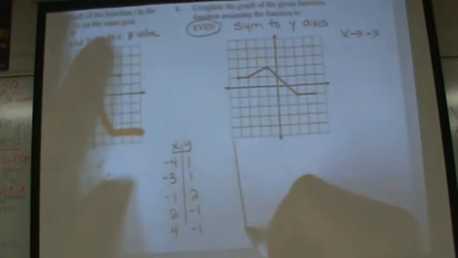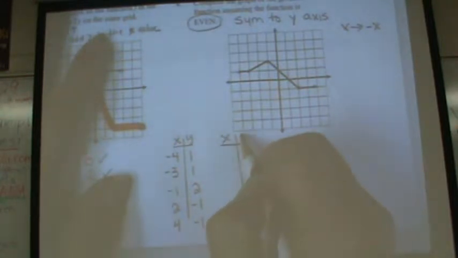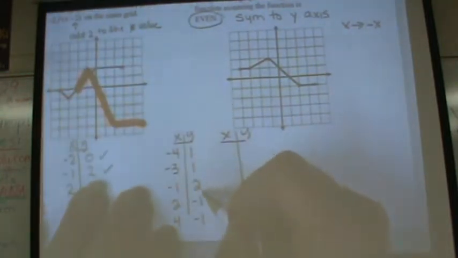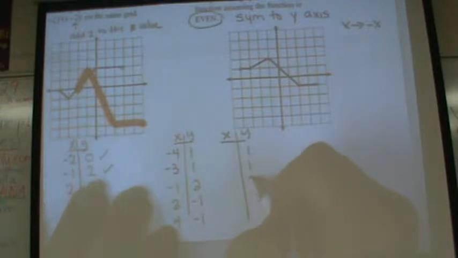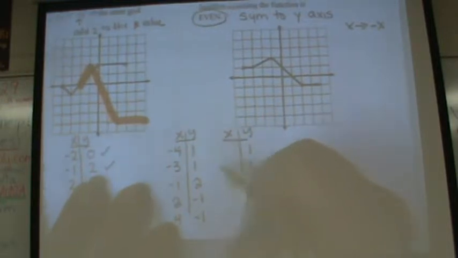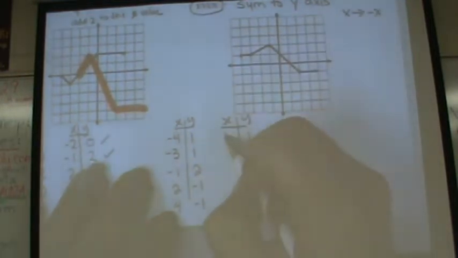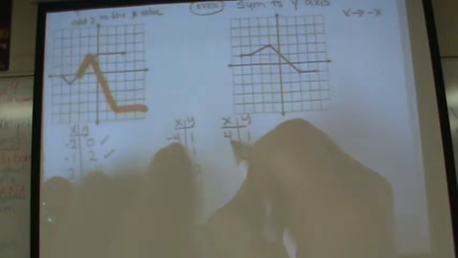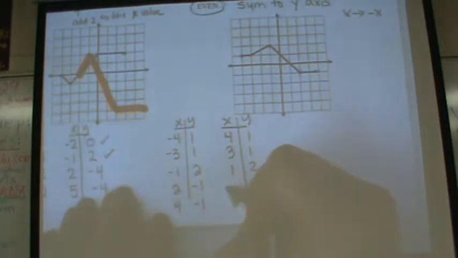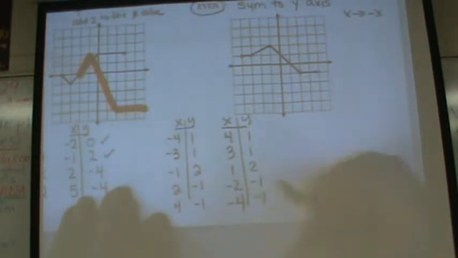So all I would need to do is take my table here. I'm going to keep the y's the same. So 1, 1, 2, negative 1, negative 1. But all of these x values, their signs get changed, reversed. So this becomes a positive 4, positive 3, a 1, a negative 2, and a negative 4.